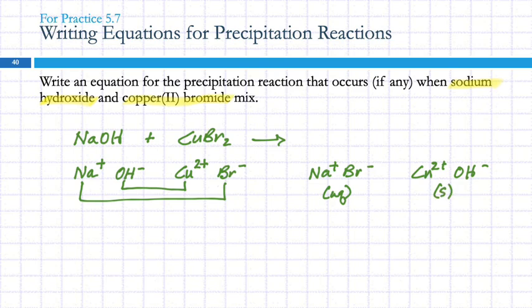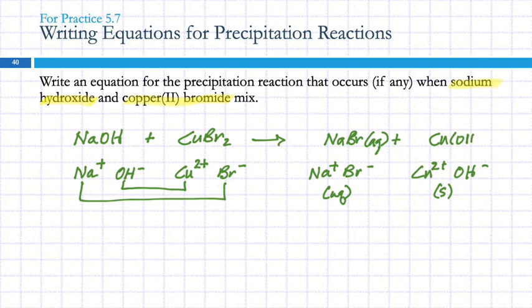So I do have to finish out this equation. So here I've got +1 and -1 again. I can just put those two together. And this one's aqueous. And then over here, I'm going to need 2 of these guys to balance the charge on the copper.